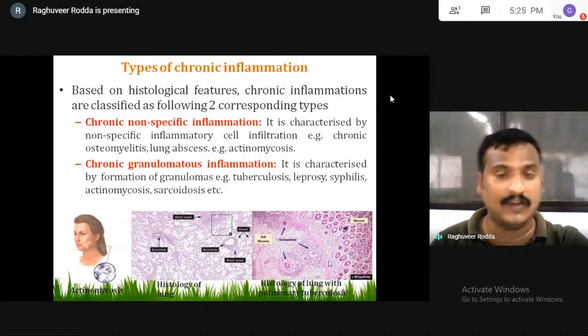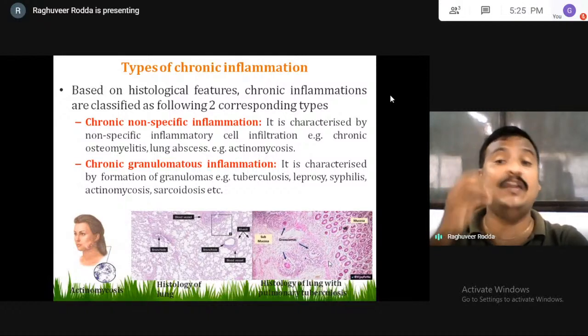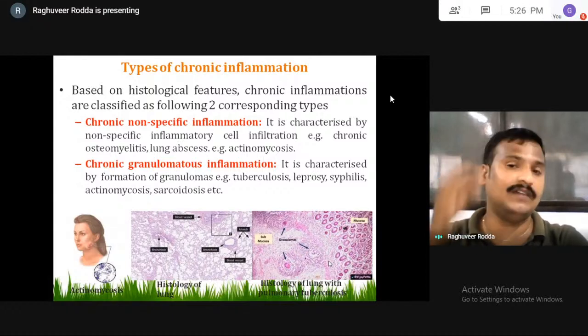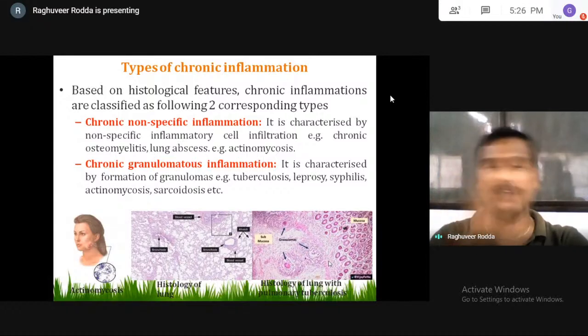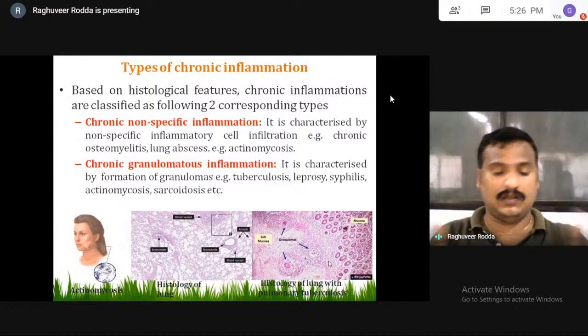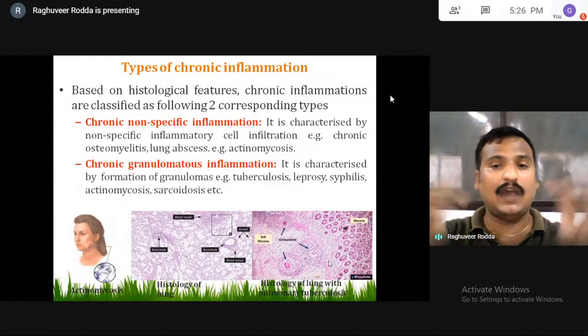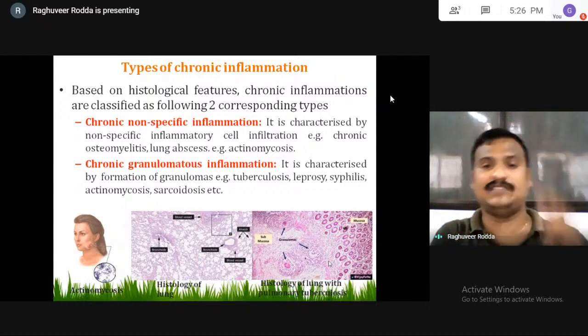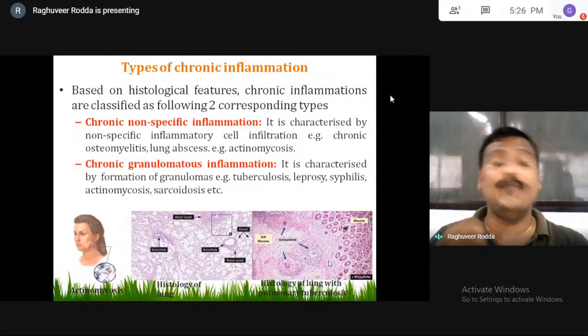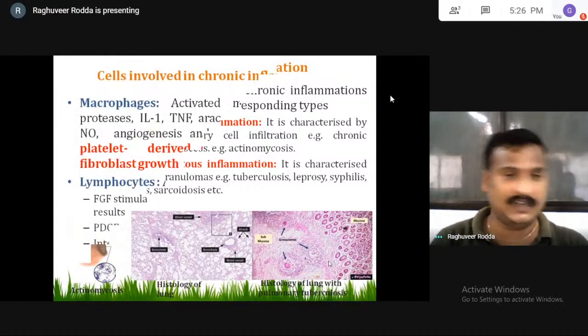In granulomatous inflammation, there is a presence of granuloma at the end of the cell repair. When the immune cells form a wall-like structure at the end stage, it is called granulomatous type chronic inflammation.